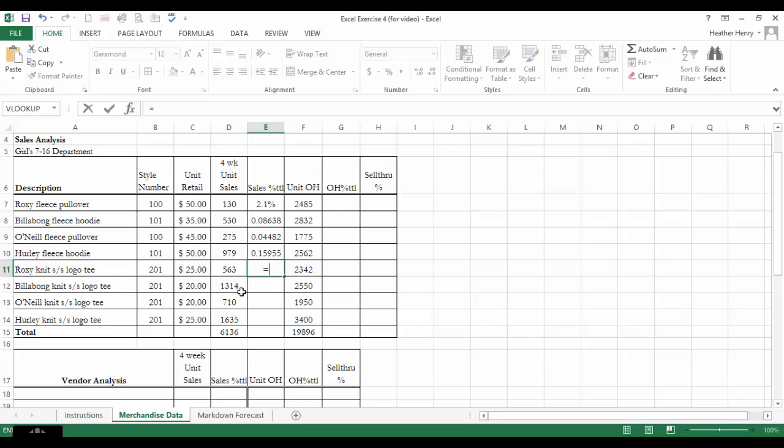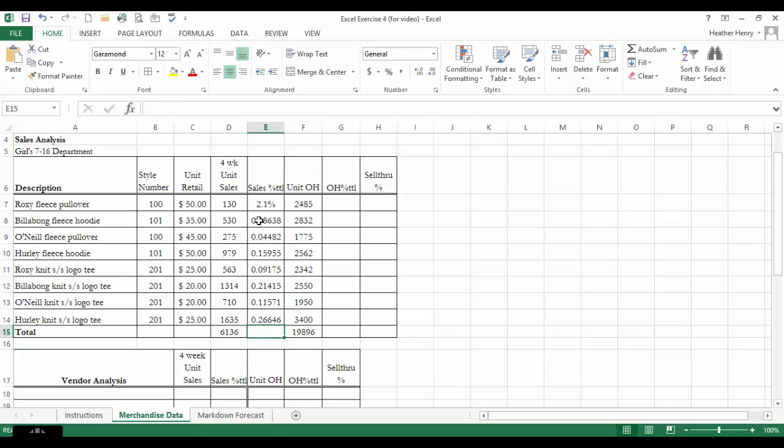Our Roxy short sleeve logo tee, 563 units sold divided by 6,136 units total sold. Same thing with our Billabong knit short sleeve logo, as well as our O'Neill short sleeve logo and our Hurley short sleeve logo tee as well.